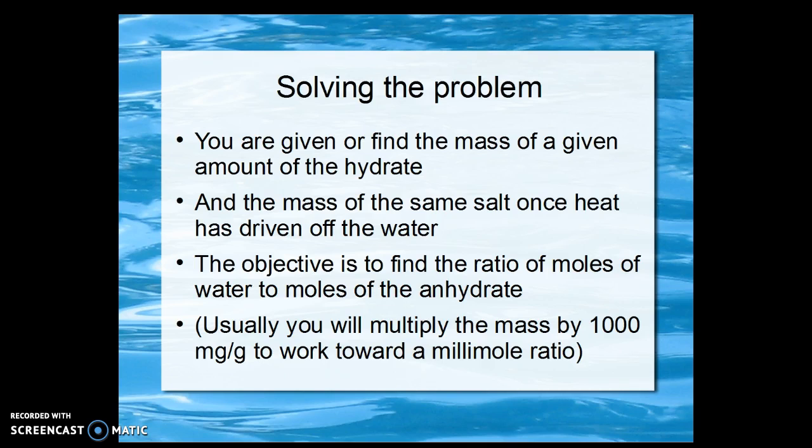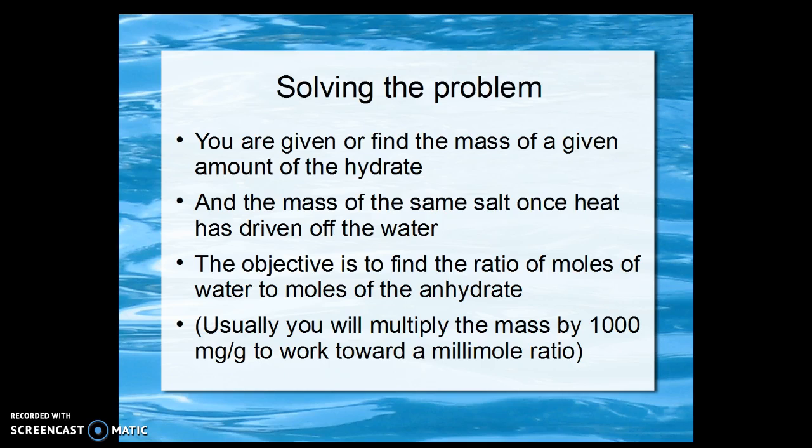You're given, or you find in the lab, a mass of a given amount of the hydrate. And then you dehydrate it. You use heat to drive off the water that's trapped in the crystal. And you find the mass of that salt once that water has been driven off. Then you find the moles of that salt from the formula.